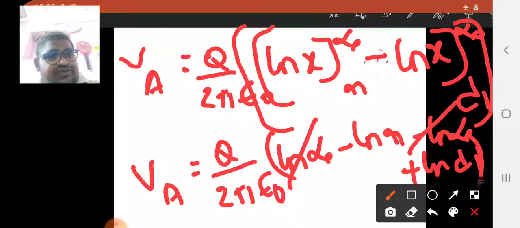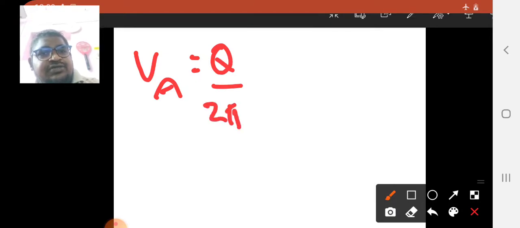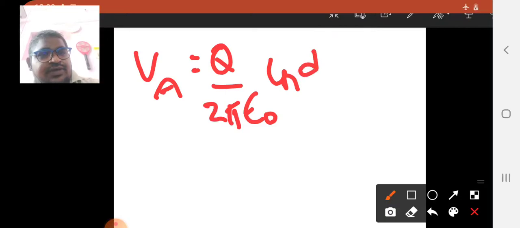Then the equation for VA is VA is equal to Q by 2 pi epsilon naught into ln d by r.